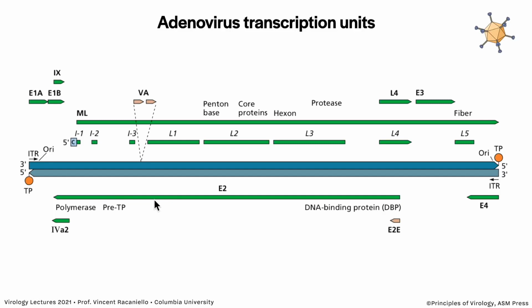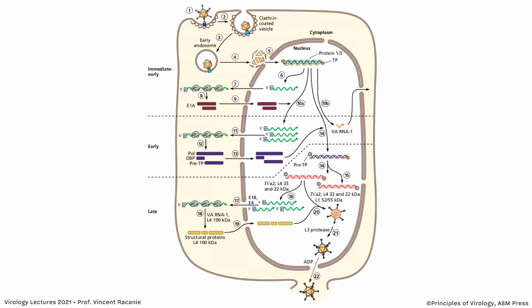And then once DNA replication starts, you activate the late promoter, which is called the major late promoter here, ML. Huge transcript that encodes many proteins. And you can see penton base, core proteins, hexon. These are structural proteins to make virus particles. So late is when you make the virus particles because you've got DNA replicated by then, because the E2 early region genes encode the DNA synthetic apparatus.